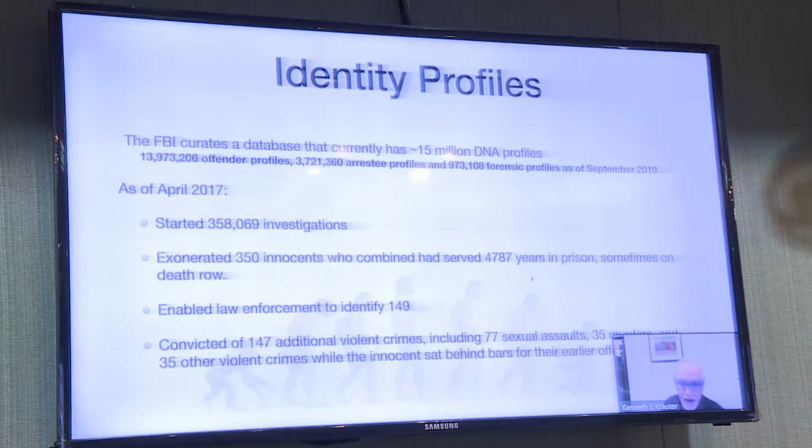They were exonerated because after DNA testing became available, it was determined that their DNA was not at the crime scene, and so those people were released from prison. It's identified many more than 149 now. That was several years ago.